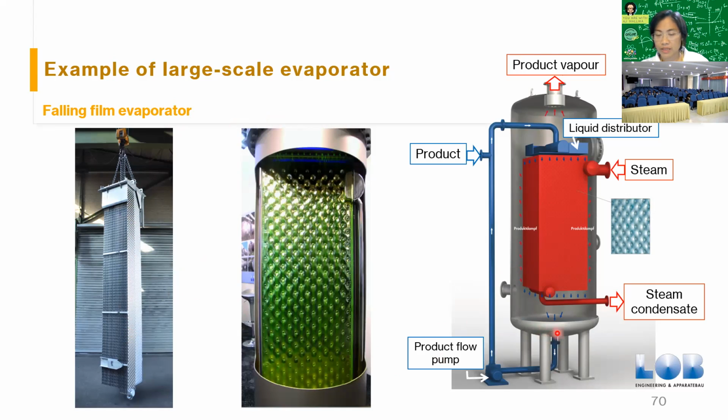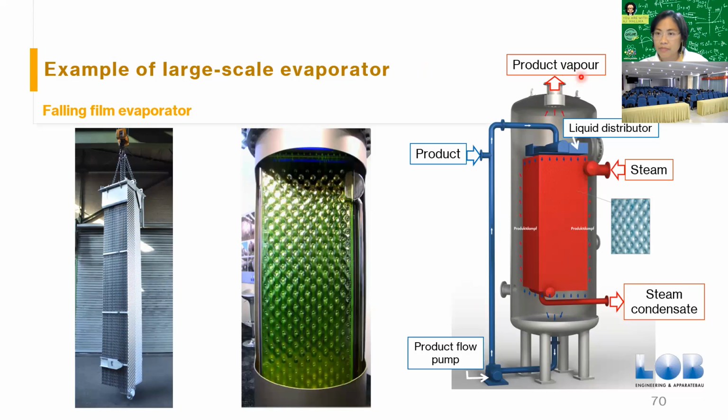What they do is they pump the product up to the top, and the liquid will go down these plates. That's why it's falling film. It's like when you pour water over a glass, then it forms a thin film.